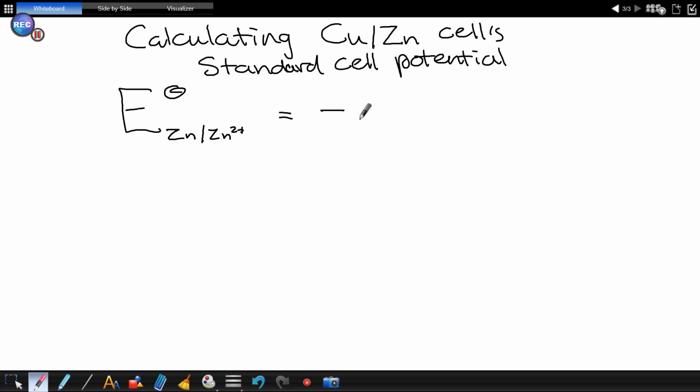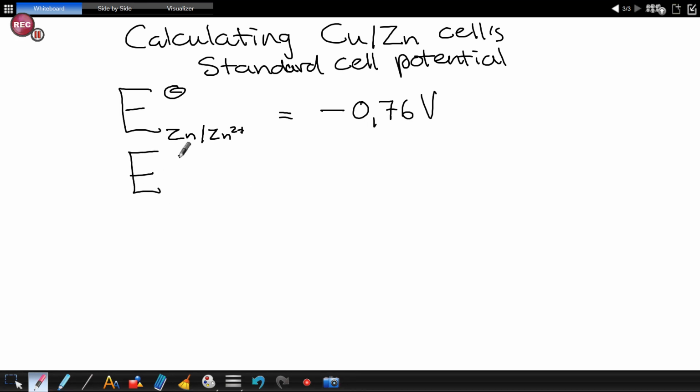Read it from the table, you see? Minus 0.34. No, that was the copper one. It's minus 0.76 volts. So this is when you connect a zinc half cell to a hydrogen half cell under standard conditions.